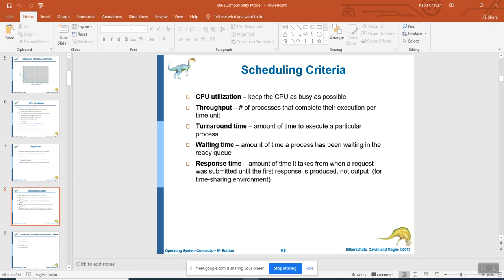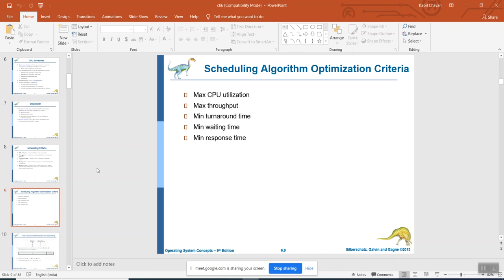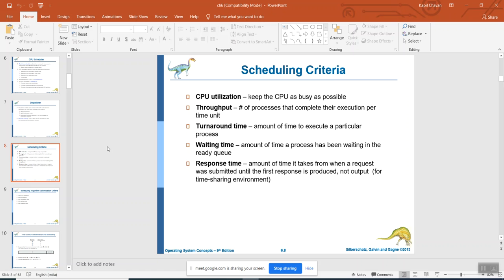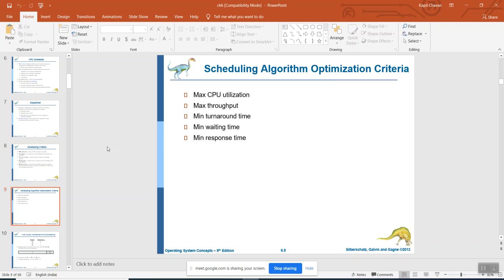You have to remember all these definitions; they are very important for understanding all the algorithms we are going to see. Now the scheduling algorithm optimization criteria: what do we have to achieve? We have seen all five criteria. We need maximum CPU utilization and maximum throughput.